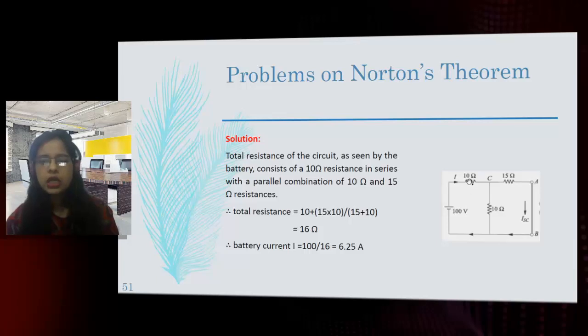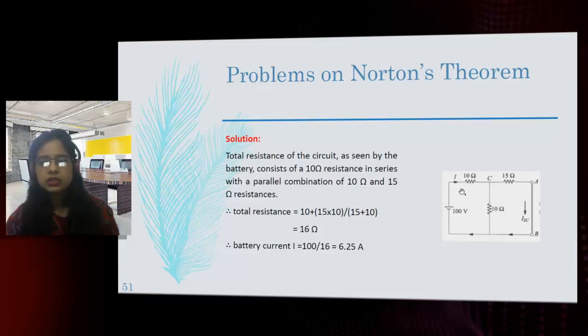It will be 10 plus 15 into 10 divided by 15 plus 10, that is the equivalent of 15 and 10. Since these two are parallel, the formula R1 R2 divided by R1 plus R2 is used, 15 into 10 divided by 15 plus 10. After calculating, we get 16 ohm as the total resistance of this network.